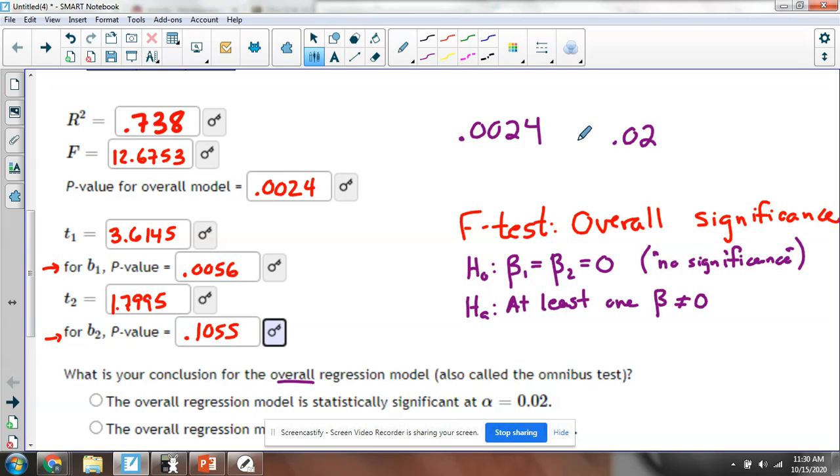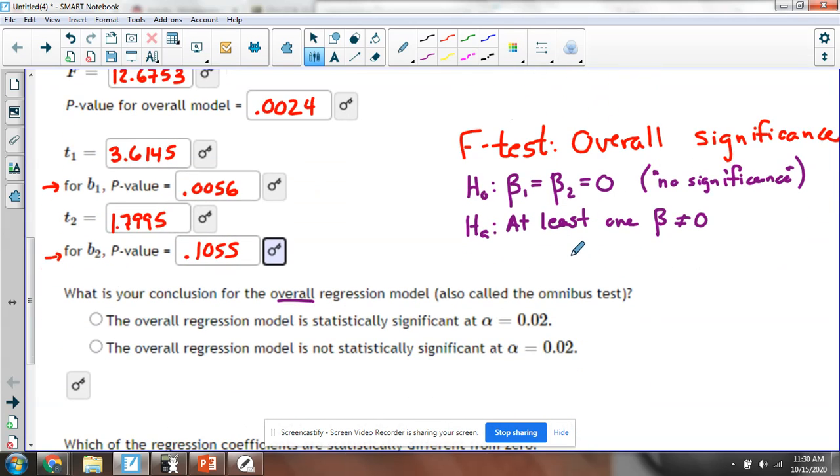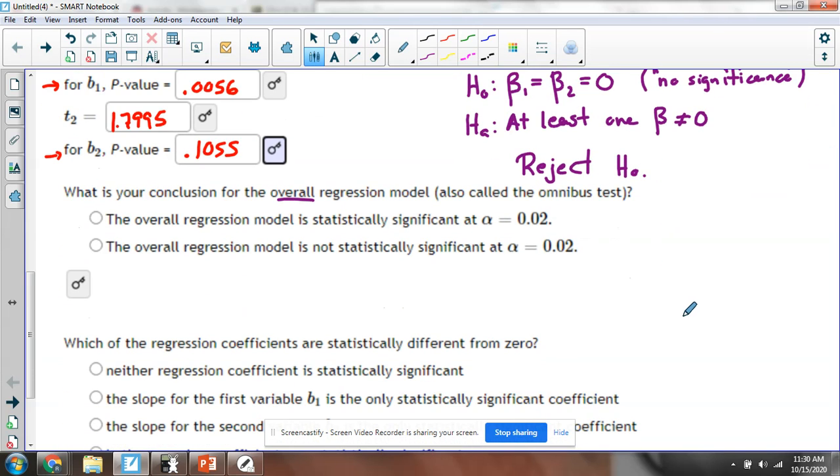Our p-value is less than alpha. So we have enough evidence to reject the null hypothesis.